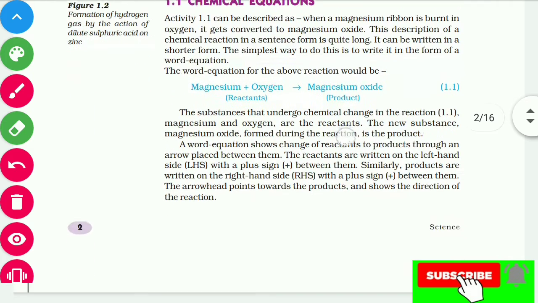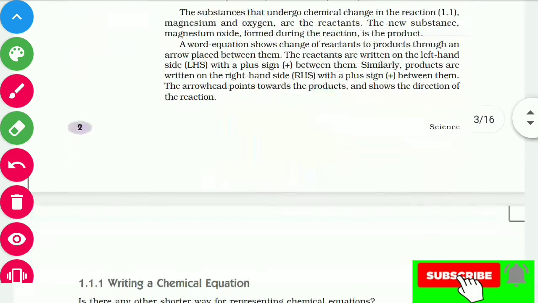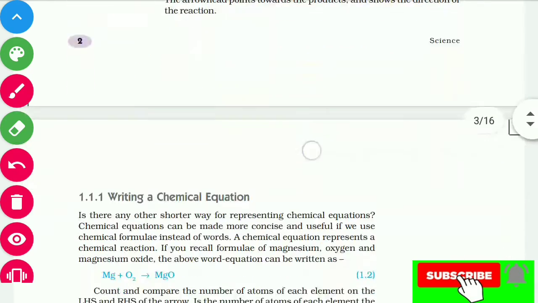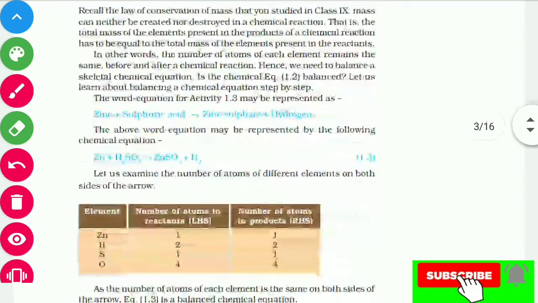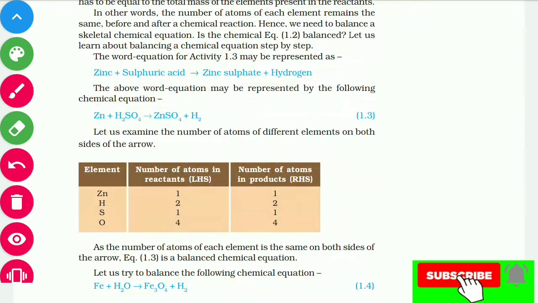This is a chemical equation. You have to focus on balancing chemical equations. I am going to tell you how to balance. First see whether you need to balance it or not. First see that there is Zn on both sides.